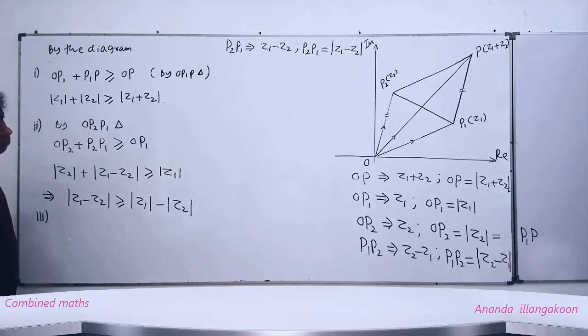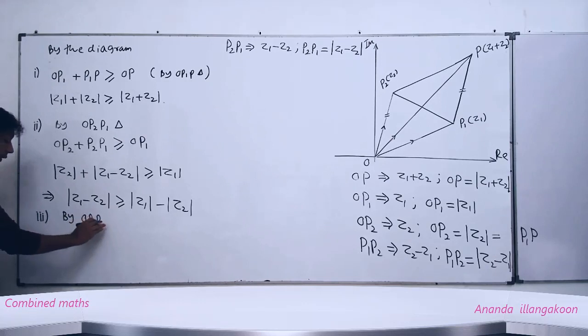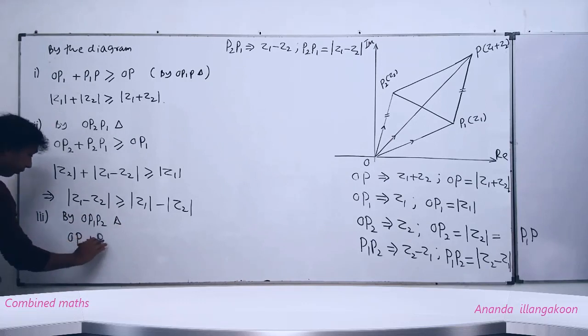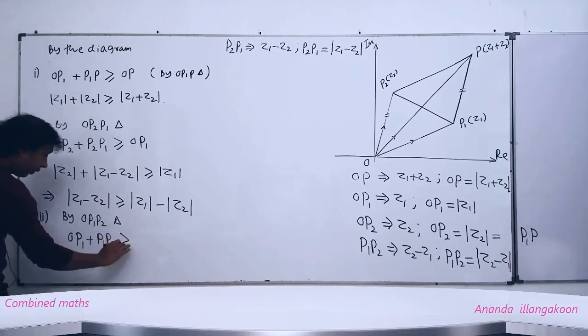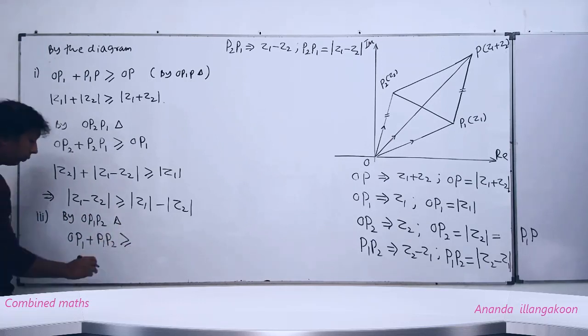Again, we take this OP1P2 triangle. Again, you can write OP1 plus P1P2 greater than or equal to OP2.